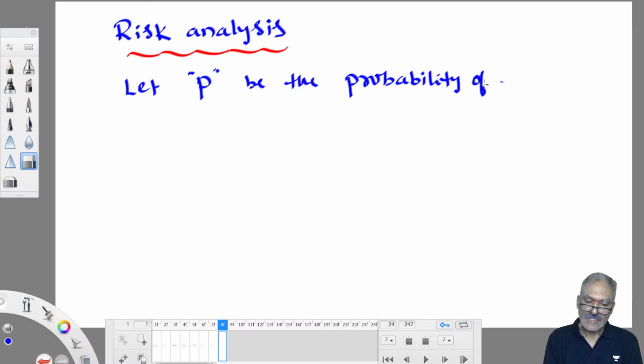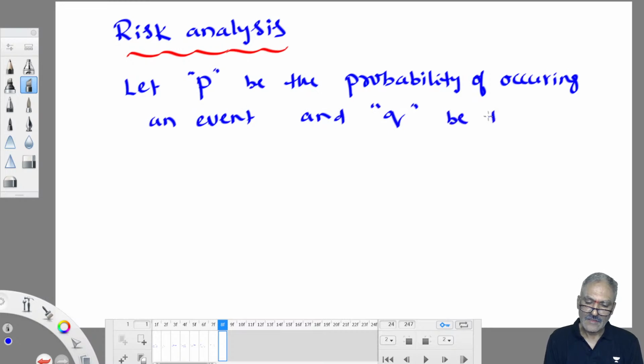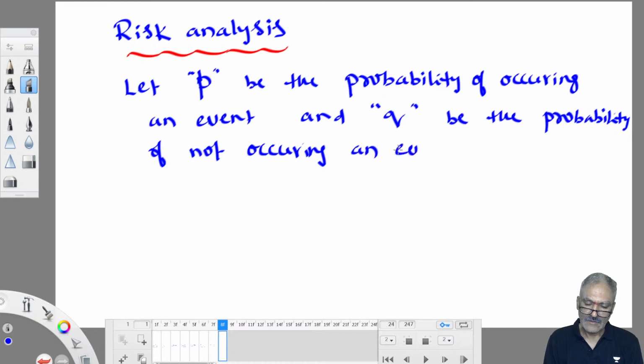And small q be the probability of not occurring an event. Okay?